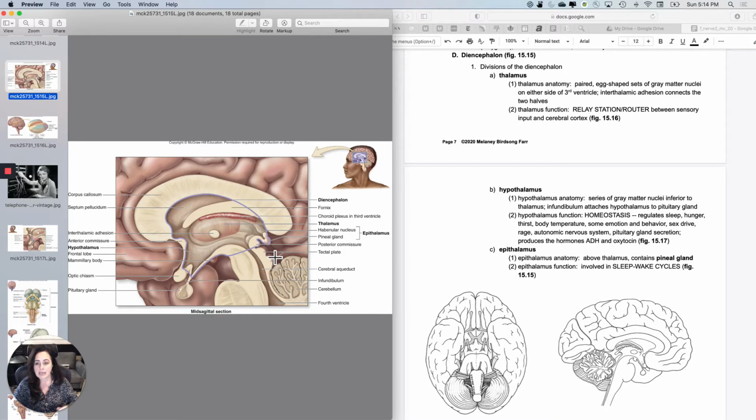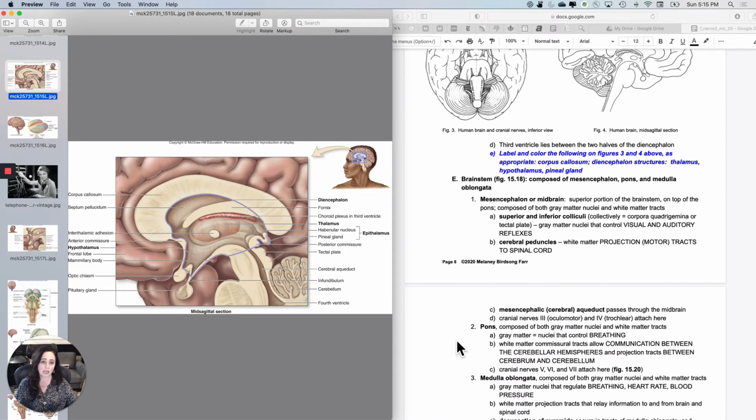And it contains the pineal gland that secretes melatonin. So its simplified function, for humans, is primarily involved in sleep-wake cycles. In animals that have hibernation or migration cycles, it's involved in those as well. But we're really not very cyclical over the seasons. So day-night sleep-wake cycles is what that one primarily does.